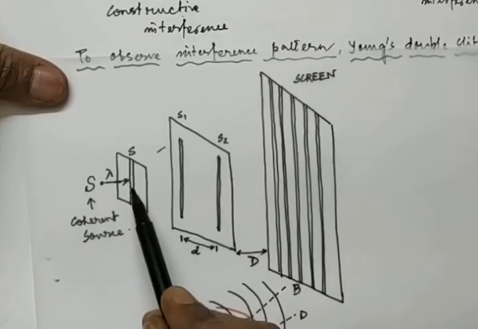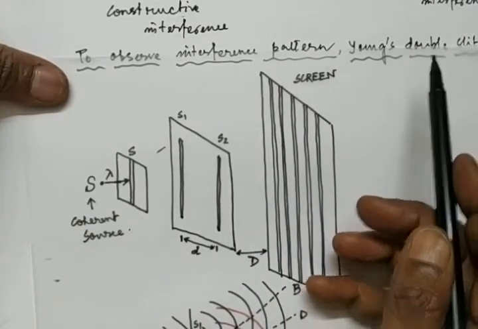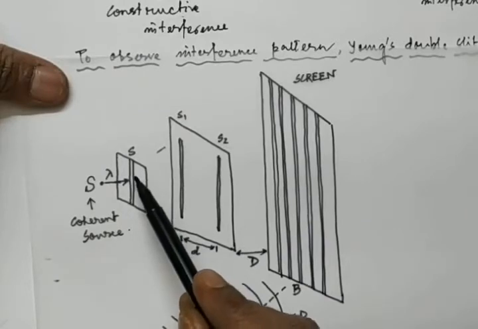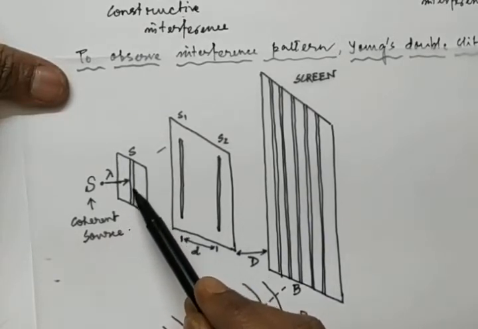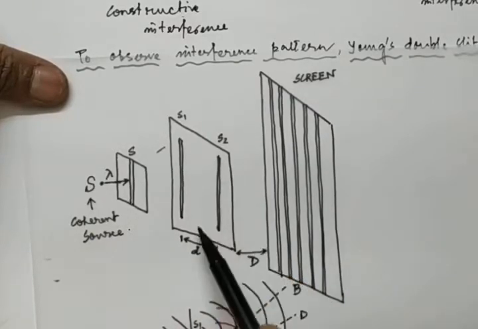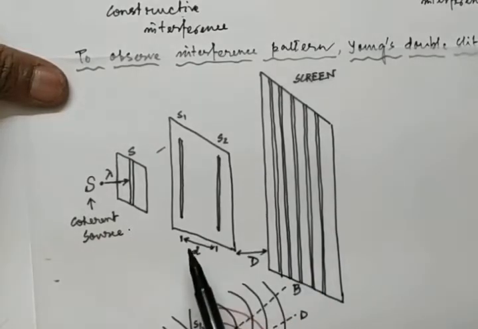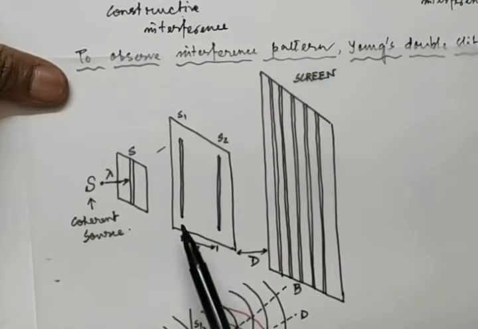So small single slit, इसीलिए इसका नाम है देखो डबल स्लिट एक्सपेरिमेंट. ओके, so the allowed light energy which comes out from this single slit is allowed to fall on this one, that is a double slit. Okay, at a distance, see, this is very important, at a distance small d, the slit distance is small d.